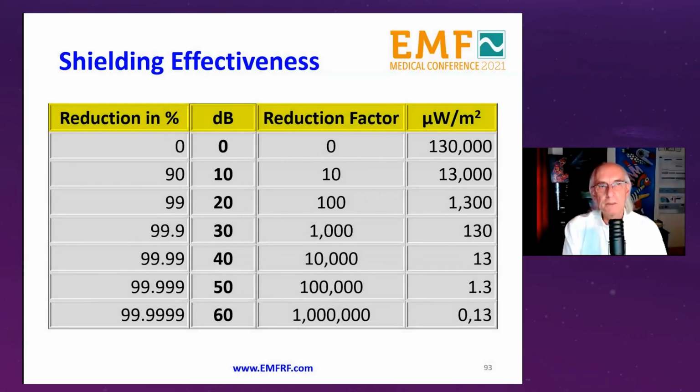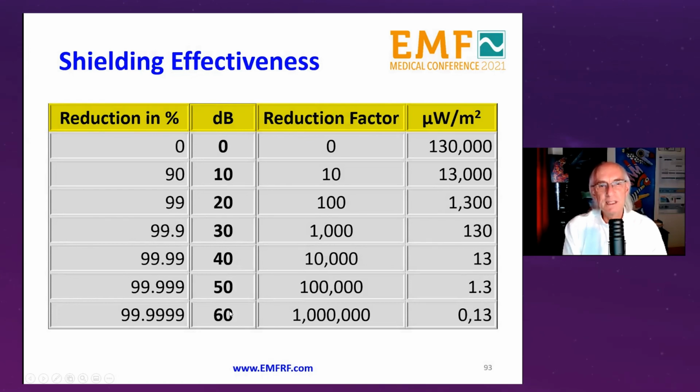Now, when we talk about shielding, there's something called the shielding efficiency. Every product data sheet is going to tell you how much it's going to reduce the field. And we have a couple of different terms. Number one is the reduction in percentage, so 90%, 99%. We have the reduction factor, let's say, 10-fold or 100-fold reduction.